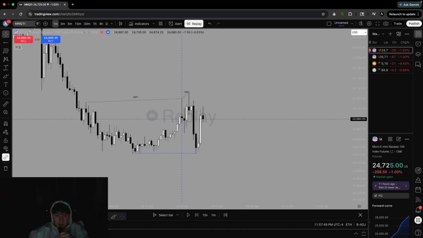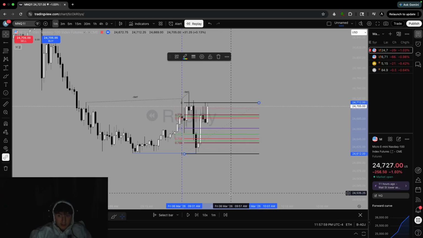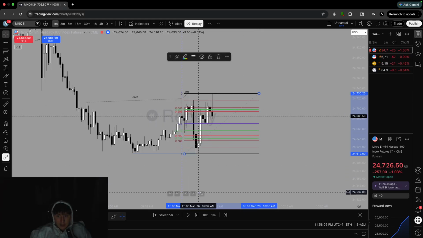Ooh, inversion. This is sketchy. Ooh, we extend. We're extending the inversion. We like to see extensions. Extension's good. Ooh, there's our entry.